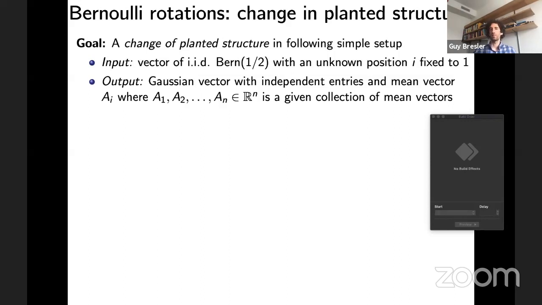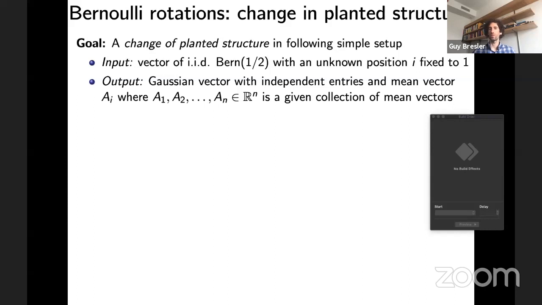Now, the context is gonna be that we have an input, which is a vector of i.i.d. Bernoulli half random variables, and there is some single position i that's been fixed to 1. And the fact that it's a vector is just for convenience, where you can think of it as a flattening of a matrix in some situations, or flattening of a tensor in other situations, or just a vector.